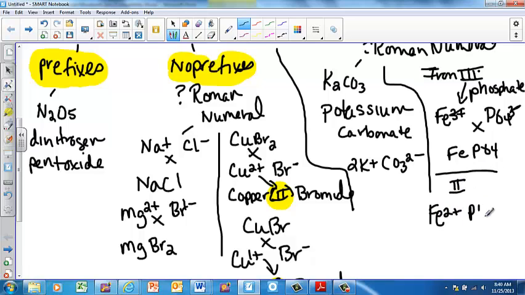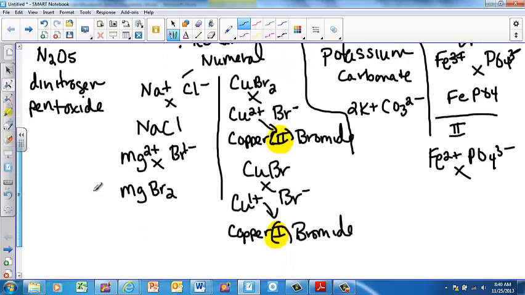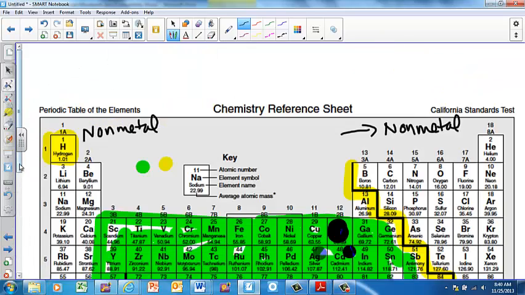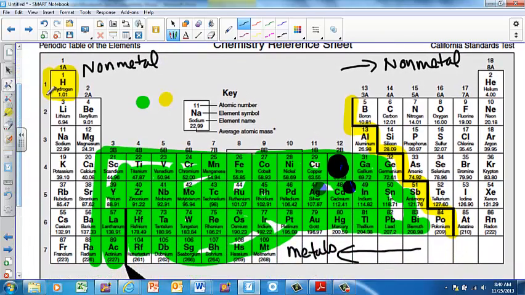Well, if I had iron 2, I would have Fe2+, phosphate. This formula would instead be Fe3(PO4)2, because I need 3 of those guys, and I need 2 of the entire phosphate. Okay, I know it's tricky. You're going to do some practice. We'll get to review it again, but just want to again point out some options.